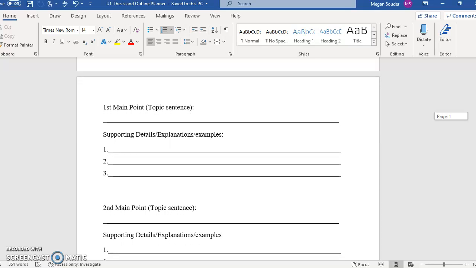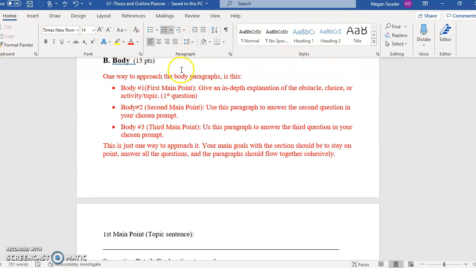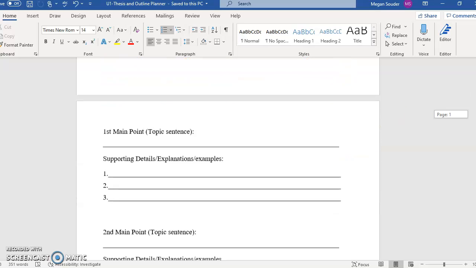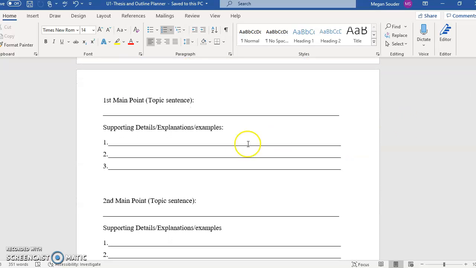And these are what each body paragraph looks like. Don't write up here. This is just instructions. Red ink is just instructions. You want to write your information down here. You'll start with a topic sentence. This clearly states the topic of the paragraph.